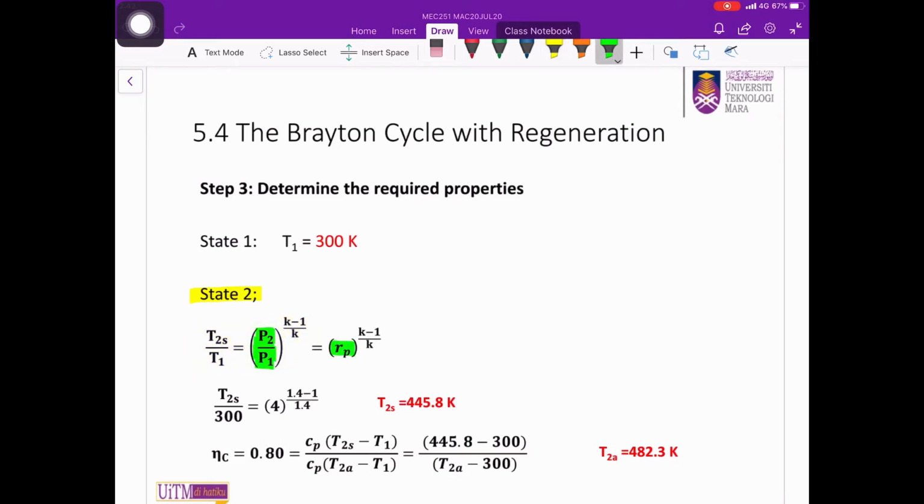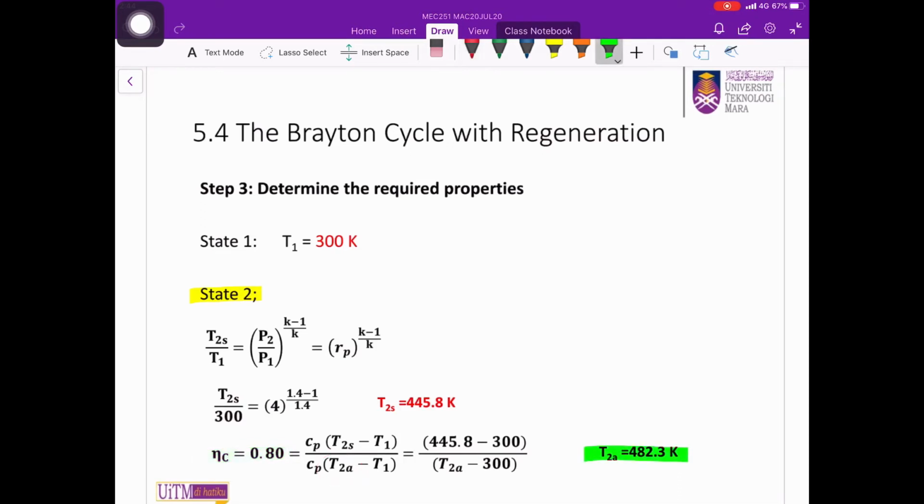Note that the pressure ratio is equal to the ratio between pressure at state 2 and state 1. The value that we obtain by using the isentropic relation is denoted by T2S. Since the isentropic efficiency for the compressor is 80%, we are going to use the value of 0.8 to find the actual temperature at state 2.